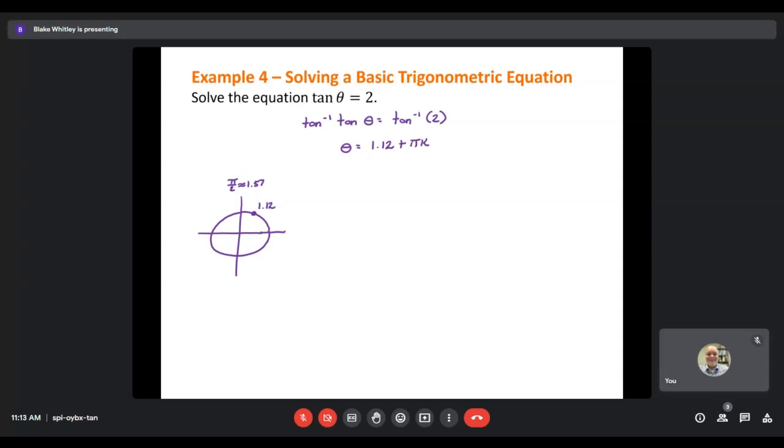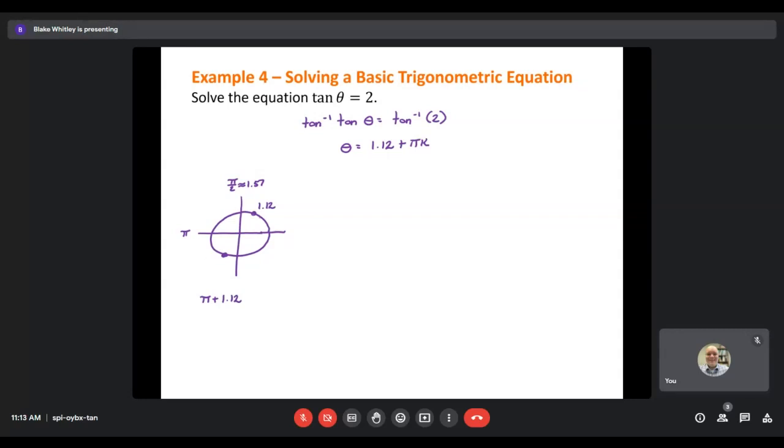The other place that tangent would be positive would be in the third quadrant. So it would be right down here. Well, the way I'm going to get that value, I know this is pi right over here. So this would just be pi plus 1.12. But notice 1.12 plus pi k is going to give me that value anyway. And then if I add another pi to that, now I'm back in the first quadrant.